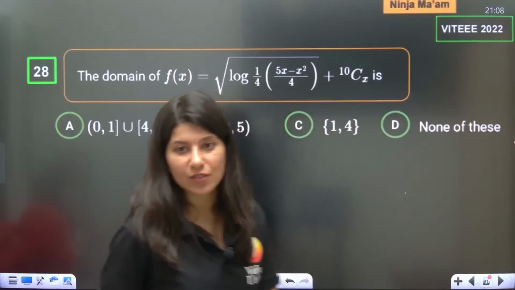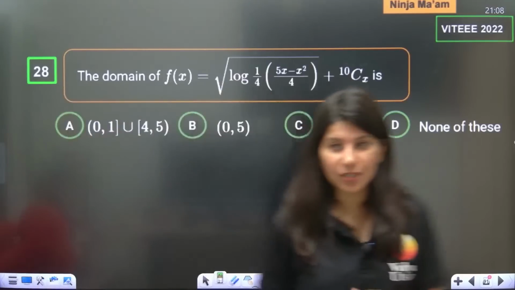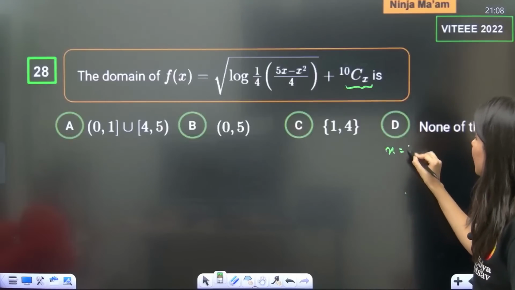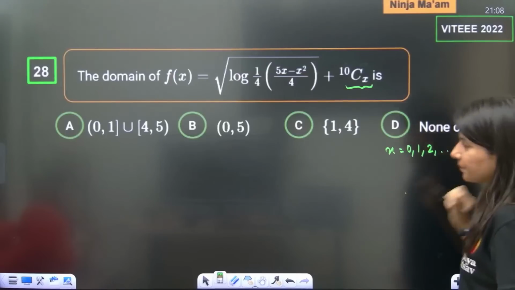Domain of this function. Now this is a very good question. First of all, from here I can check all the values: x can be starting from 0, 1, 2 and all the way up to 10.